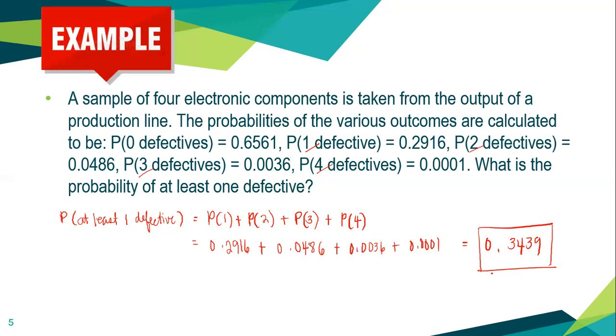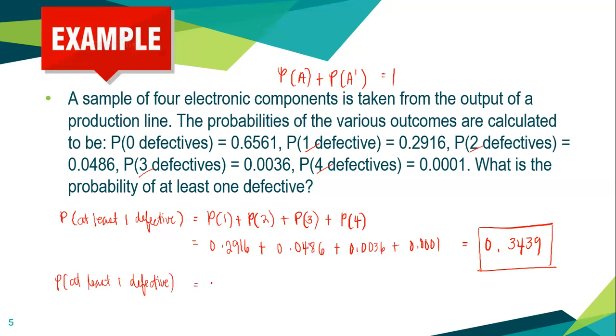So pwede nating magamit yon. That is complement of at least one defective. Di ba kanina, sabi ko, yung probability ni A plus probability of its complement will give us 1 or 100% na probability.